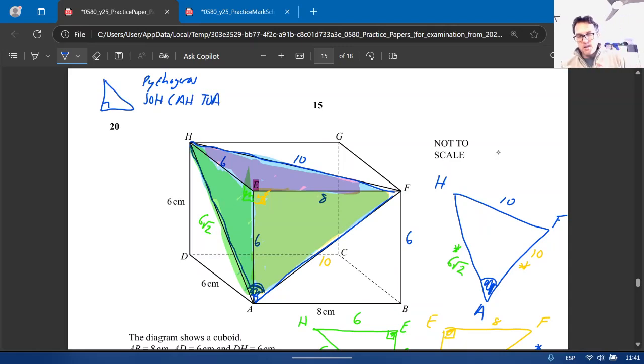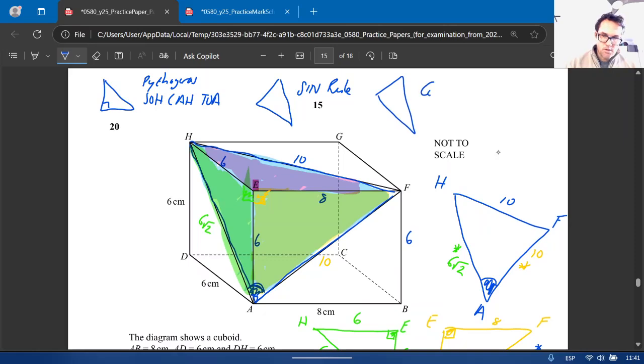But now over here we got triangle HFH, which is not a right angle triangle, so we know we're going to use the sin rule, or we're going to use the cos rule. With the sin rule, you always need an angle on the opposite side to start off with. If you don't have an angle on the opposite side, you can't use the sin rule. Okay, so we don't have any angles, can't use the sin rule.